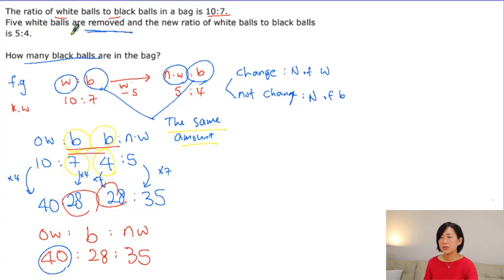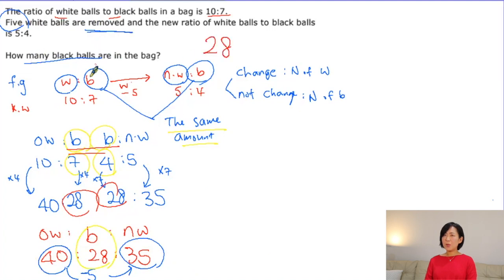Then now we need to double check with the information we have. It says from the old white ball, 5 balls are removed, right? Then we take away 5, and it gives you 35. That is the right ratio. That's why we can say the number of black balls in the bag is 28.